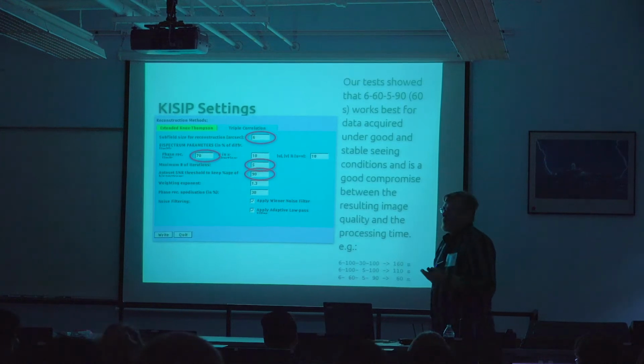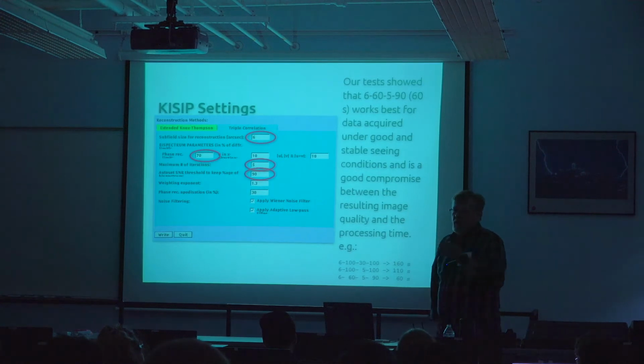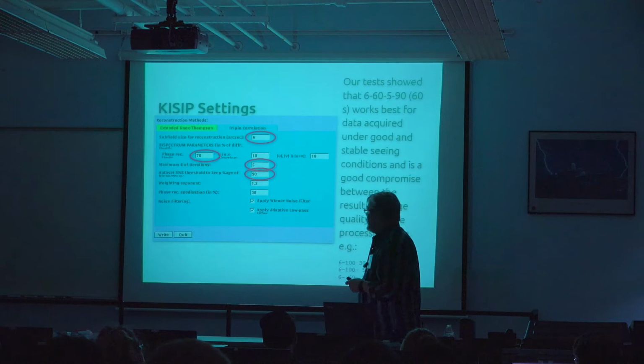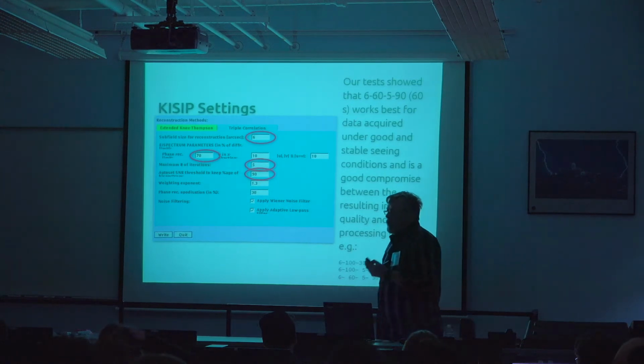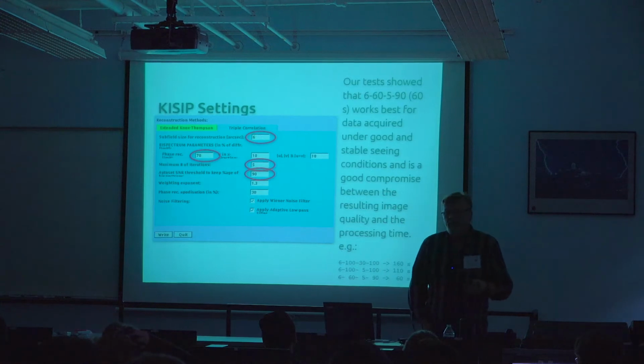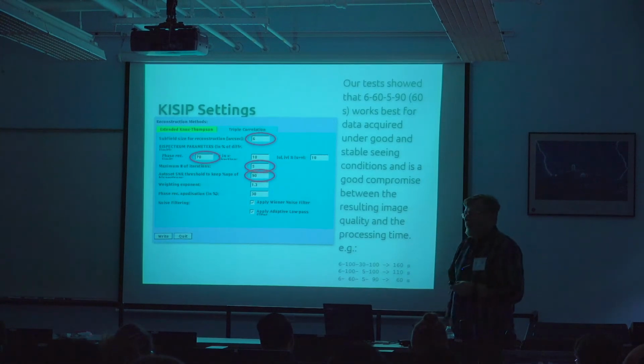So we were thinking about what we could do, and we did a lot of experimenting. For example, take the same burst and reduce the number of images in the burst, and also play with those parameters. We found that, for example, a combination of 60 images, 5 iterations, and 90 percent works well in case you have very good seeing conditions. That reduced our computational time almost by half, without making any visible or significant difference in the output.